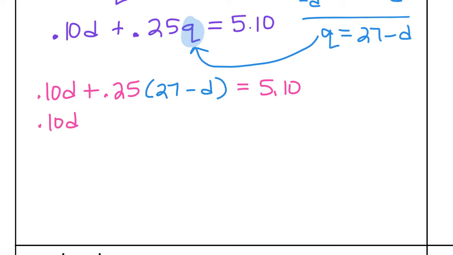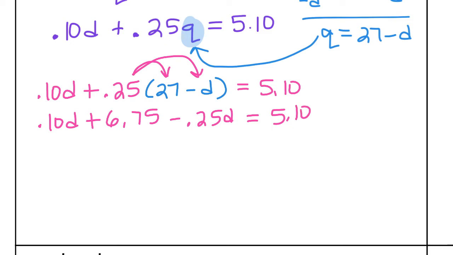Okay, so now let's distribute 0.25 times 27. You could just type that into the calculator and we get $6.75, and then 0.25 times negative D is minus 0.25D, is equal to $5.10.